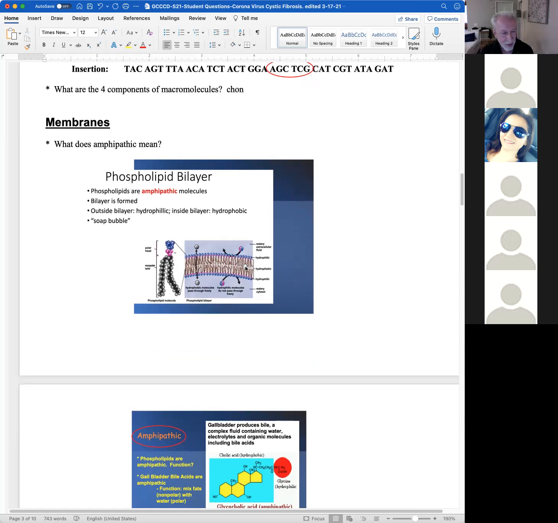Well, they're necessary to make a membrane because the nonpolar tails attract each other, and the polar heads are exposed to the external environment, which is always water, always aqueous. So this is an example of a cellular structure that requires an amphipathic molecule.